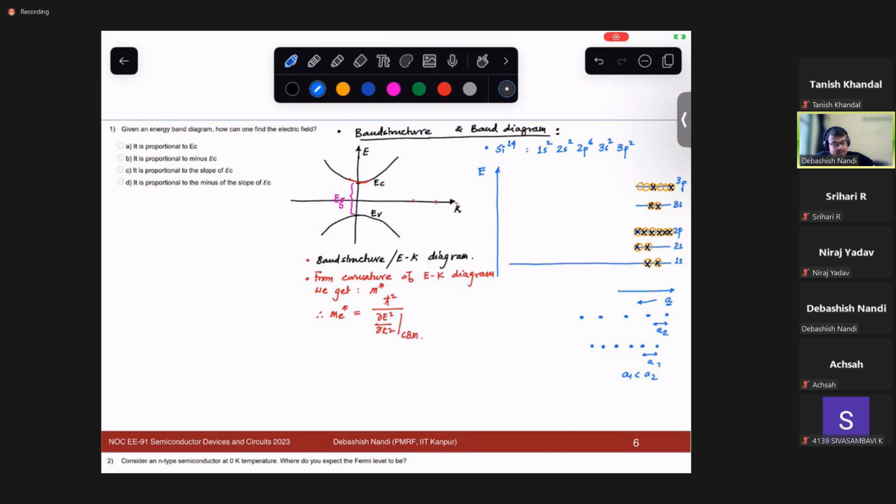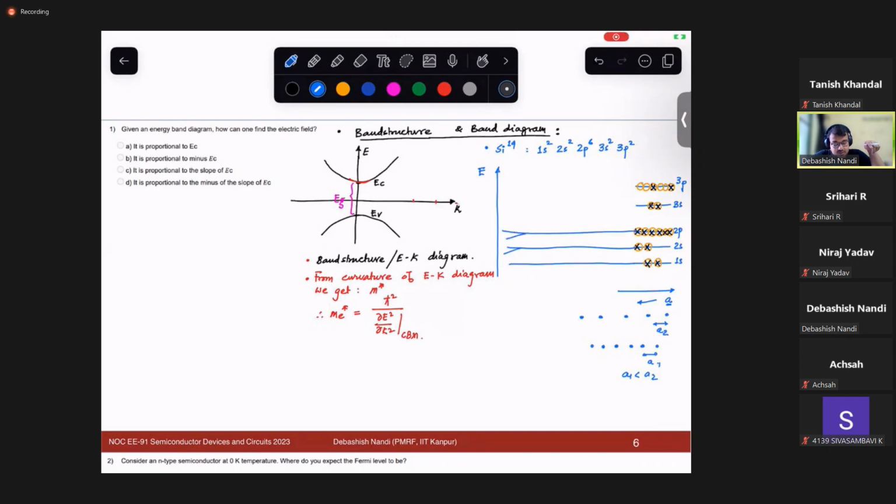This 1s will not get split, because it is very close to the nucleus. Similarly, your 2s will not. This band splitting happens when two electrons try to occupy the same energy state. We know from Pauli's exclusion principle that this is not possible for a fermion like an electron.